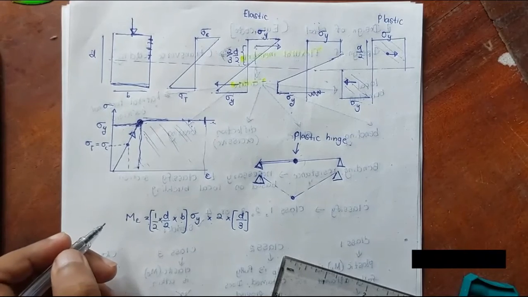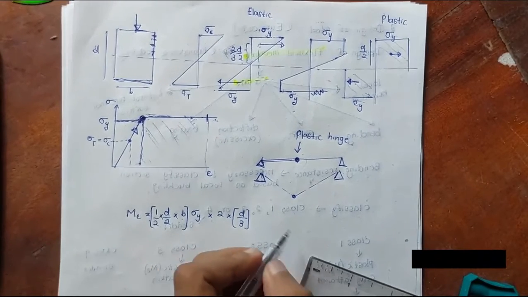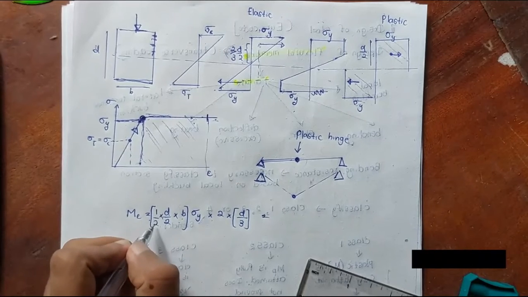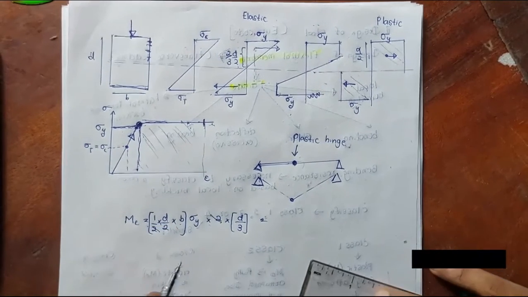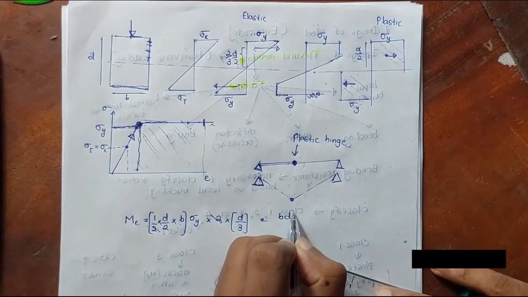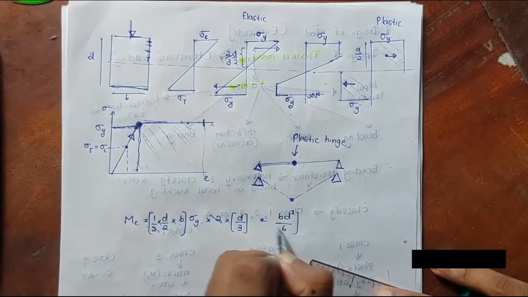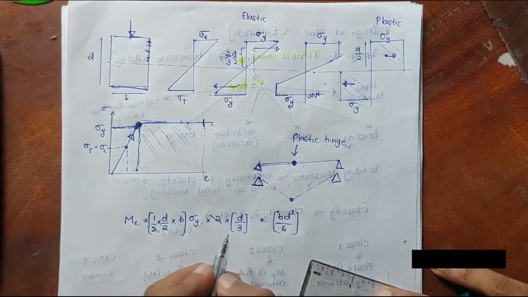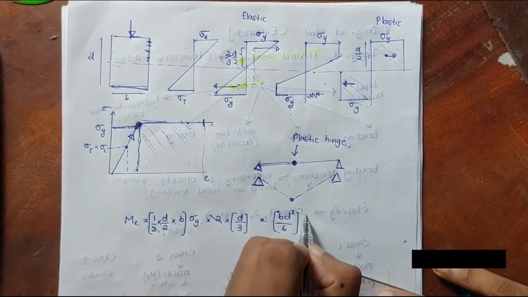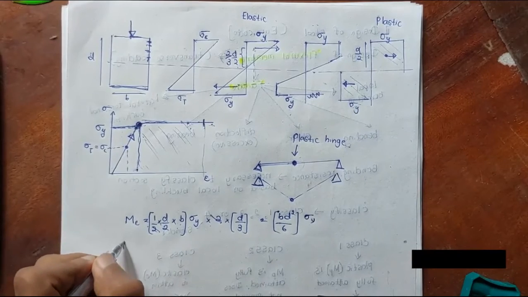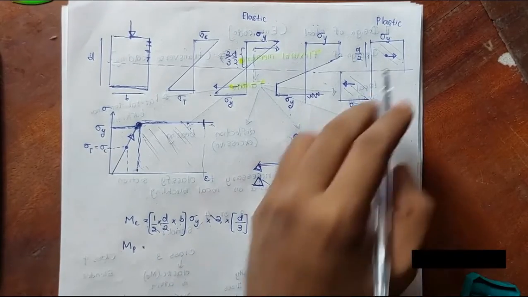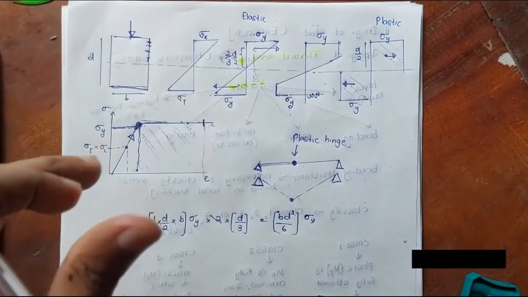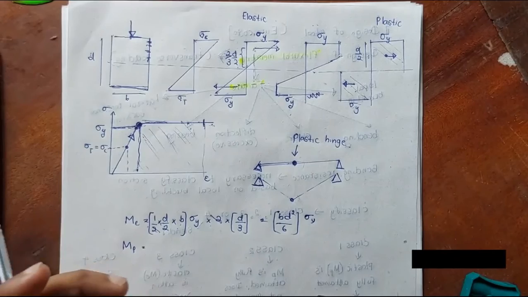The 2 gets cancelled, and this will give you an expression like bd squared over 6 into sigma y.